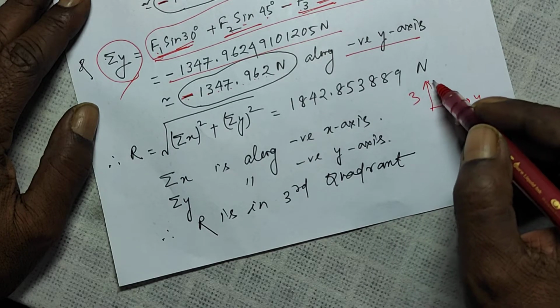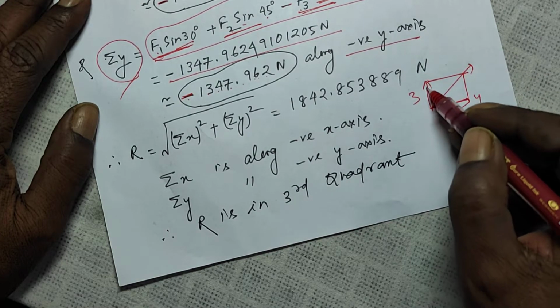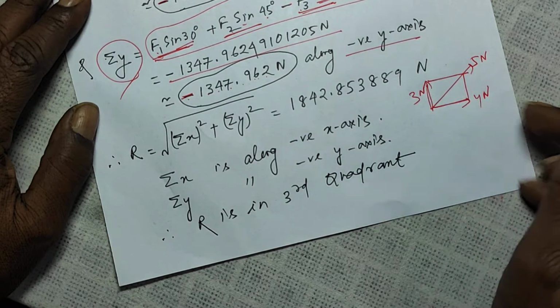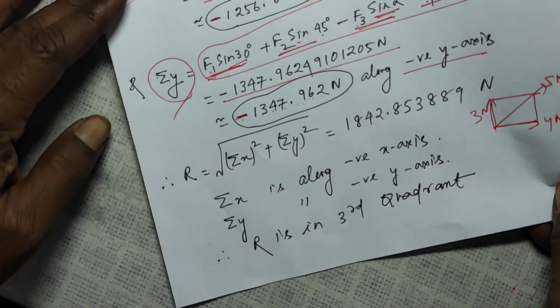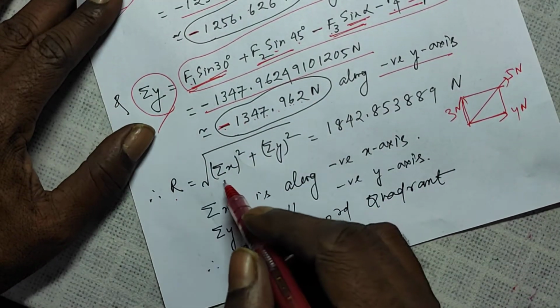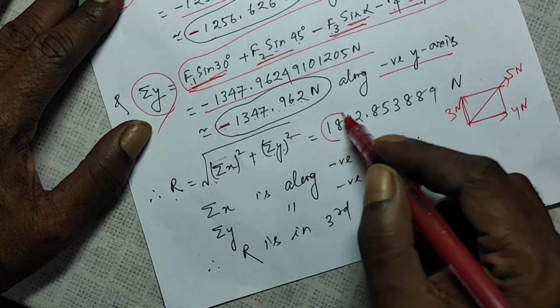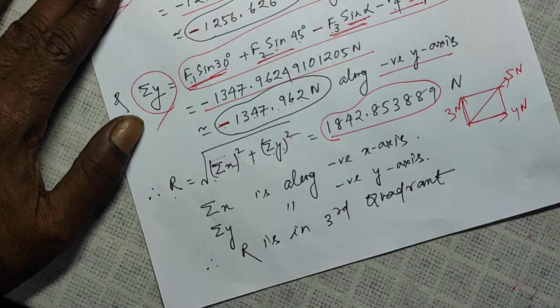So the resultant, by using parallelogram law of vector addition, this will be the resultant, square of this, square of this, square root of that will be 5 Newton. So since sigma x and sigma y are perpendicular, therefore the resultant is square of sigma x plus square of sigma y, square root of that comes out to be this much. So this is the magnitude of the resultant.